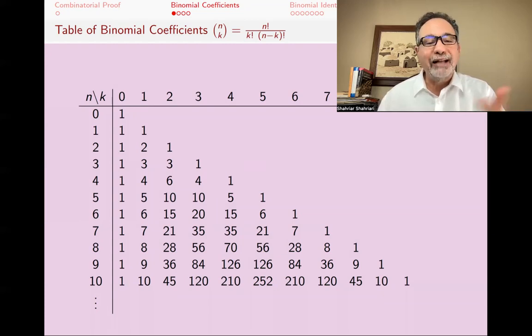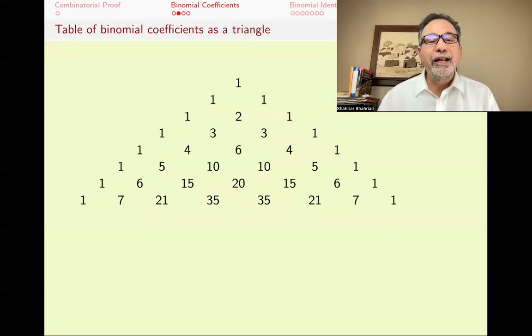Usually this table is not written in this format, but written as a triangle. So n equals 0 is the top row, then n equals 1, n equals 2, n equals 3, 4, and 5, and so forth. Every row tells you what n is, the size of the set. Every column tells you what k is.